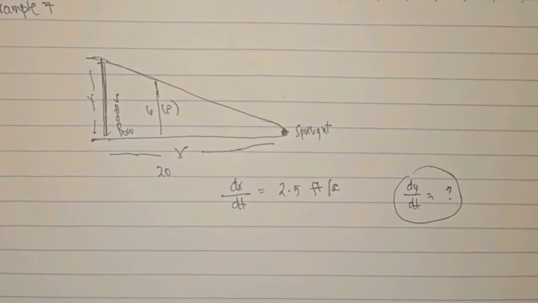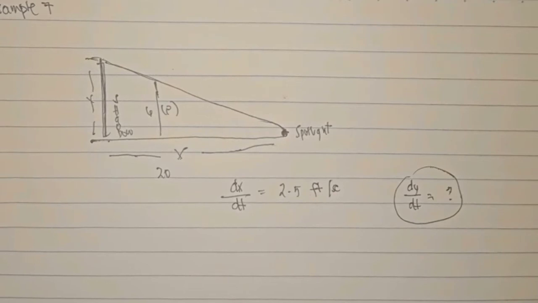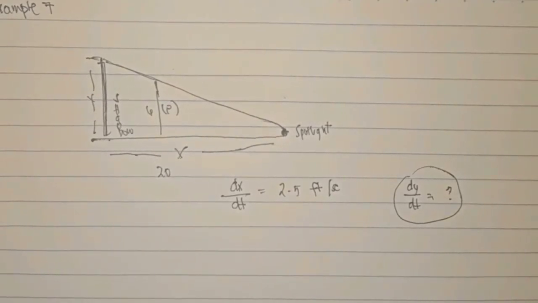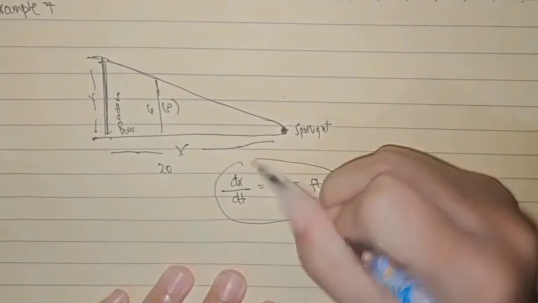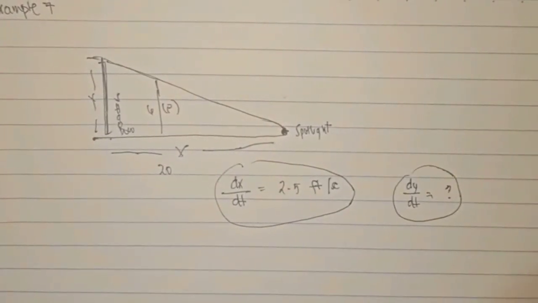So, since lumalapit yung tao papunta dun sa wall sa bilis na 2.5 feet per second, ibig sabihin, lumalayo siya dun sa spotlight sa bilis din na 2.5 feet per second. And base sa problem, we know that ang dx over dt natin dito ay 2.5 feet per second.